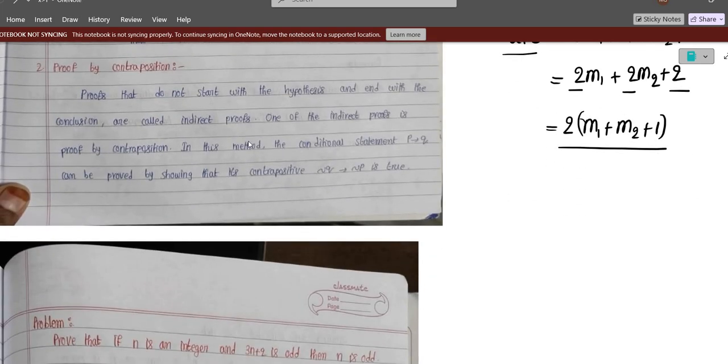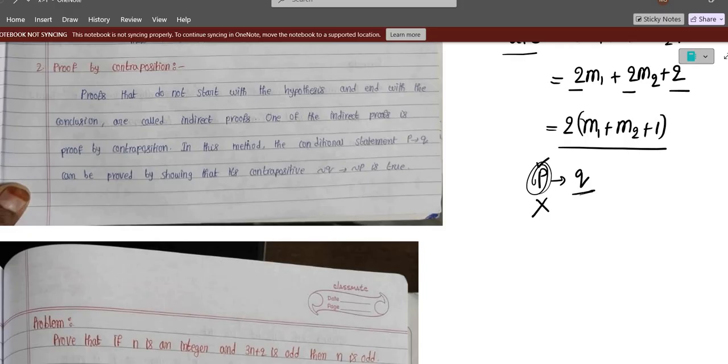Next method is proof by contraposition. Here you can observe proofs that do not start with the hypothesis. In the previous case we start with p and end at q. But here we are not starting at p and ending with the conclusion. Proofs like this are called indirect proofs.